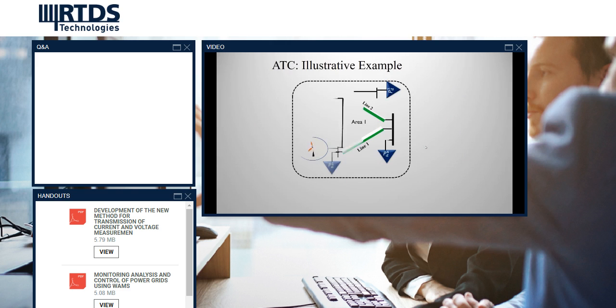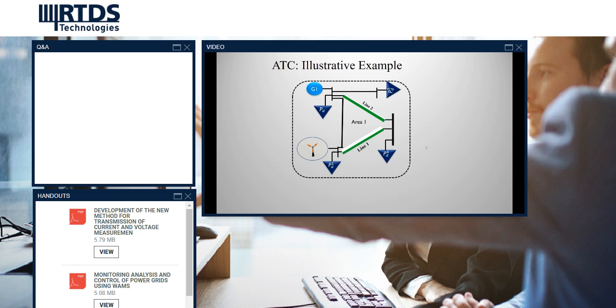Similarly, when there is the presence of renewable generation, then also with changes in the intermittent source of power generation, that is, if the wind velocity increases, then it is expected that generation would increase. In such a case, also the transmission capability remaining in the system would change.